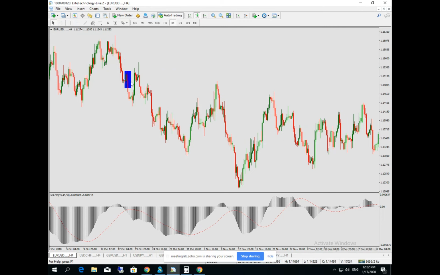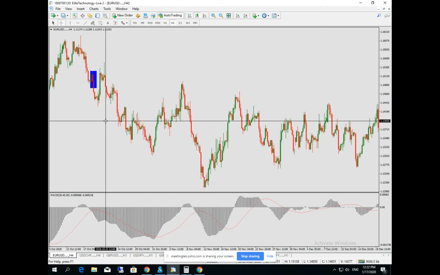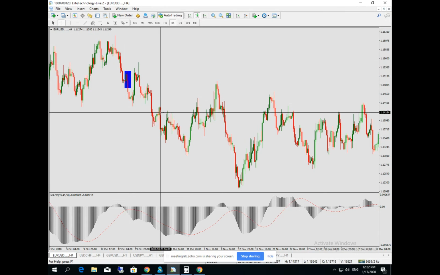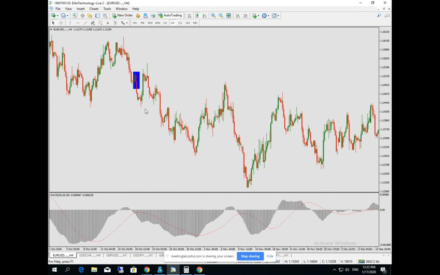If we are selling this area and the price, as you can see, has this technical correction but finally starts to drop down, the idea is to always roll your stop loss above the new high which the price creates during this bearish momentum. That means if the price creates this high then moves down, we should roll our stop loss to this level and let the price move on.